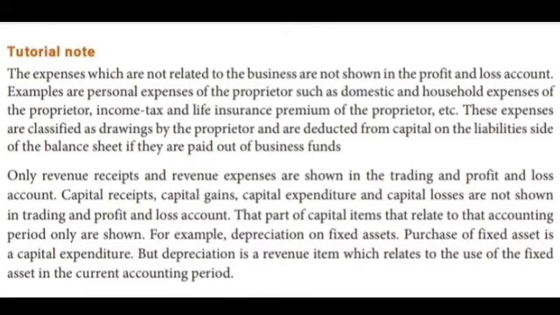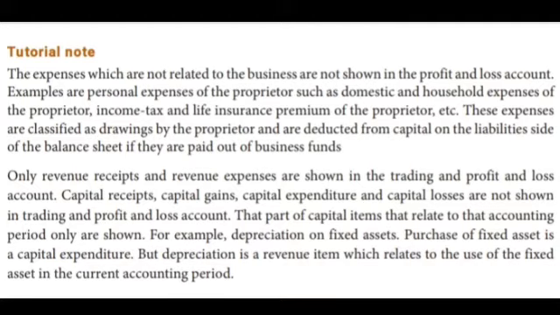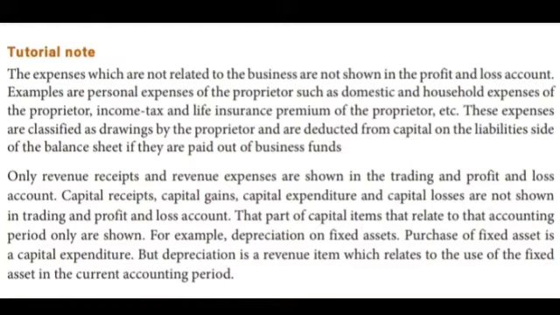Purchase of a fixed asset is a capital expenditure, but depreciation is a revenue item related to the use of the fixed asset in the current accounting period. For that particular accounting period, we have to find the depreciation on the fixed asset, children.